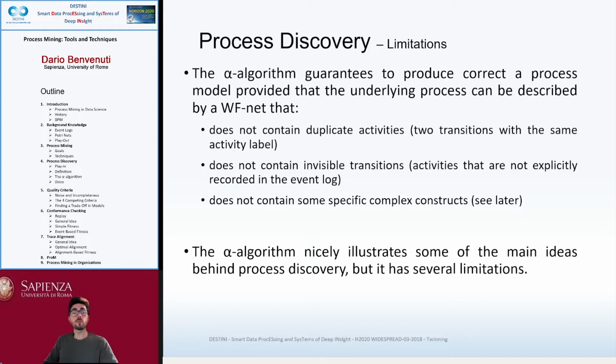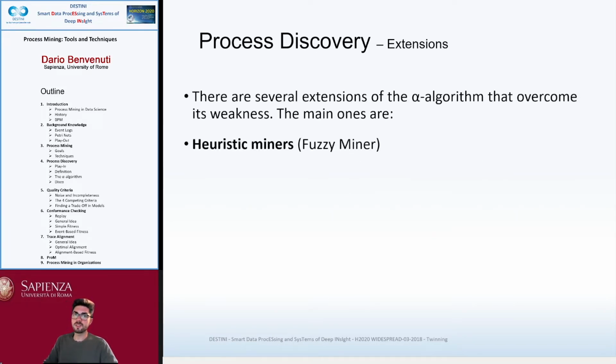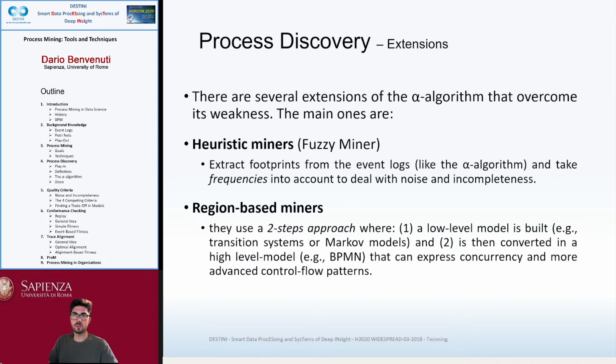So it's very useful to illustrate the main ideas behind the process, being finding ordering between activities, building a footprint, and using it to build the model. But we need in some way to cover those limitations. And that's why different extensions for it emerged, like the heuristic miner and the region-based miner.